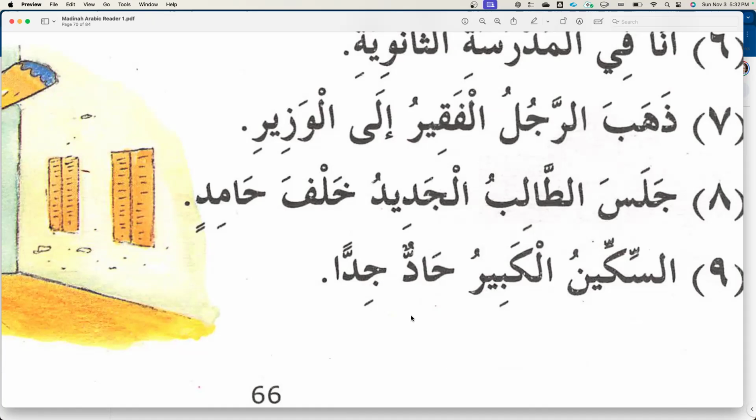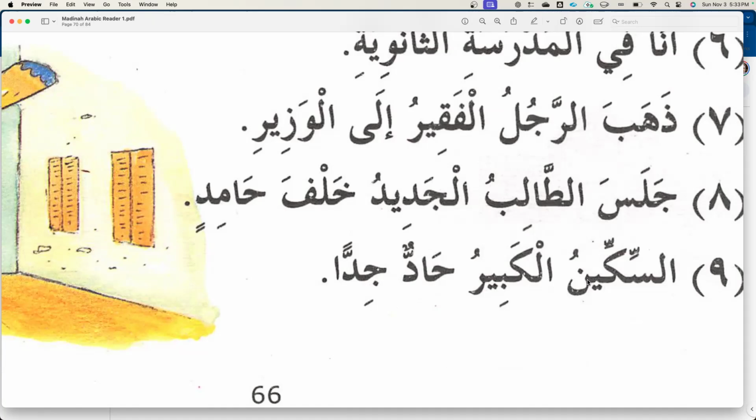Sikin, knife. New word. السكين الكبير, the big knife. حاد, now you know the is because of the Dhamma tanween. حاد جدا. It is very sharp. The big knife is very sharp.